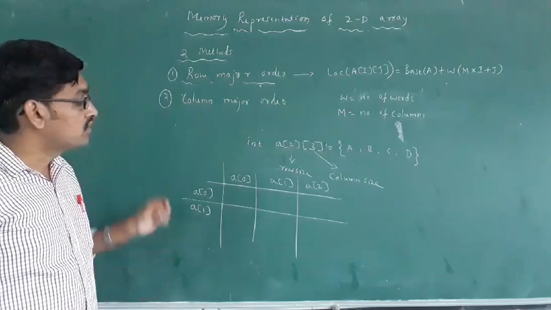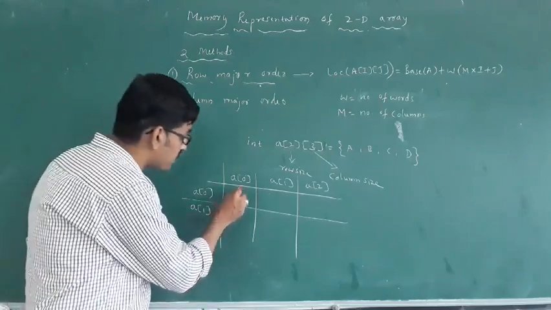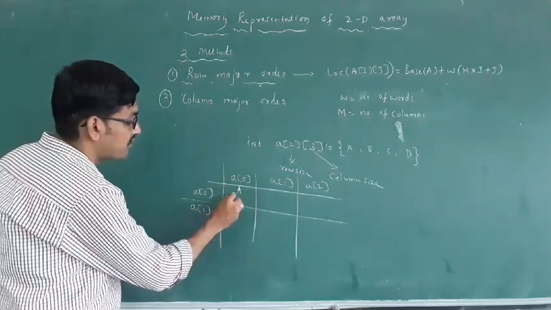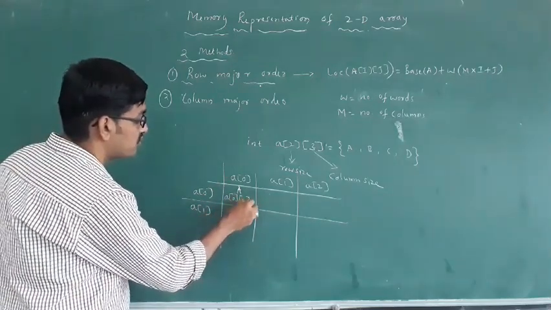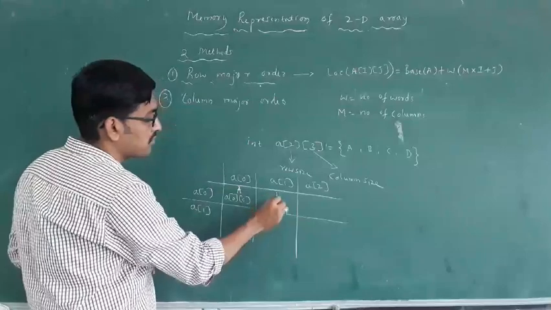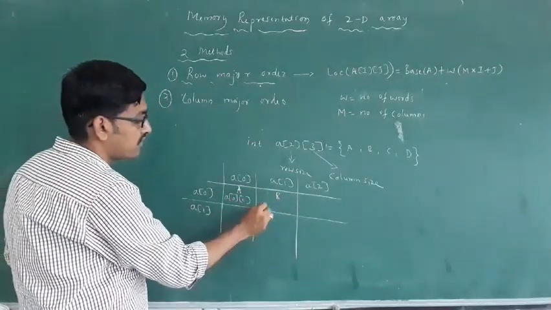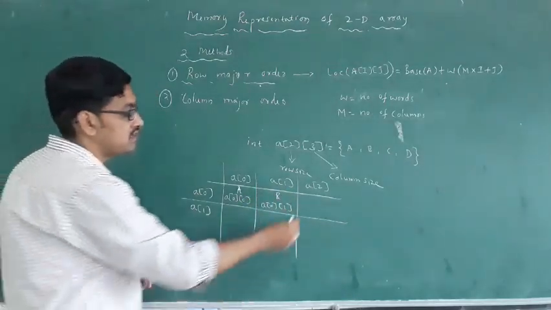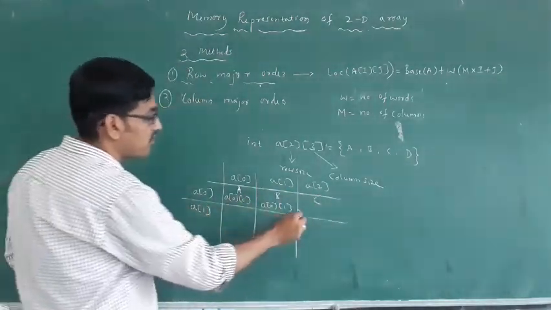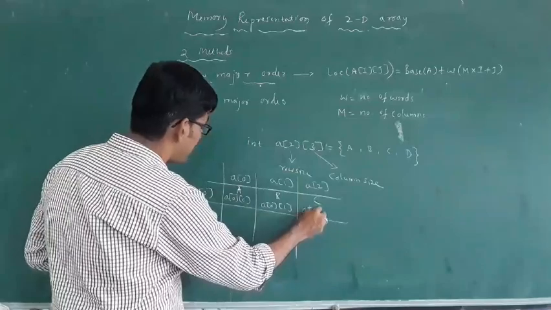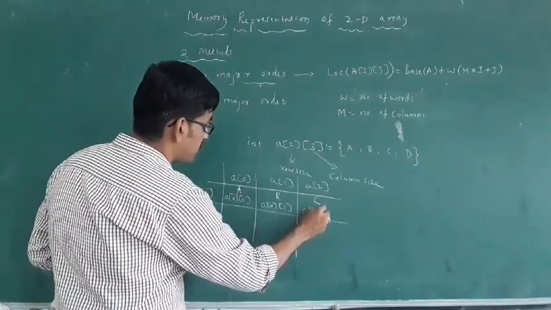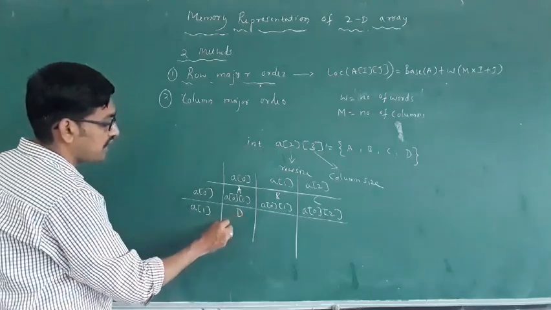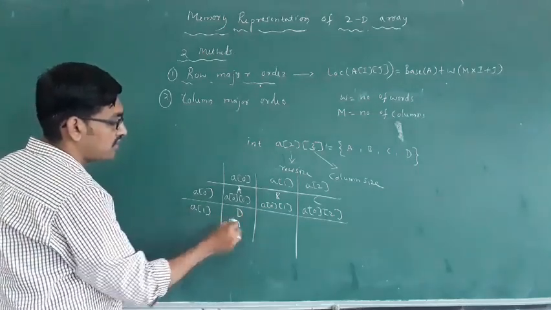Now I want to store A. A will be stored in A of 0 0. Then B will be stored in A of 0 1. Then C will be stored in A of 0 2. Then D will be stored in A of 1 0.